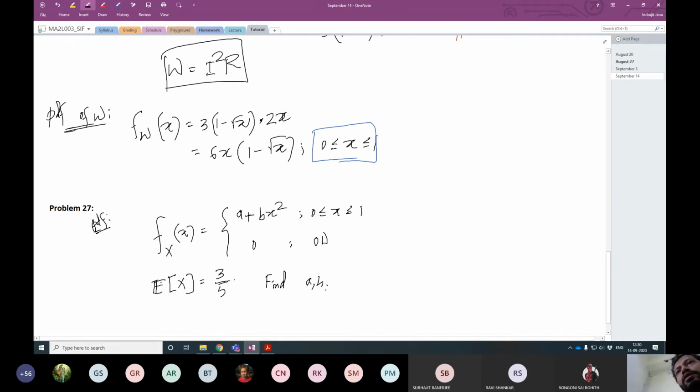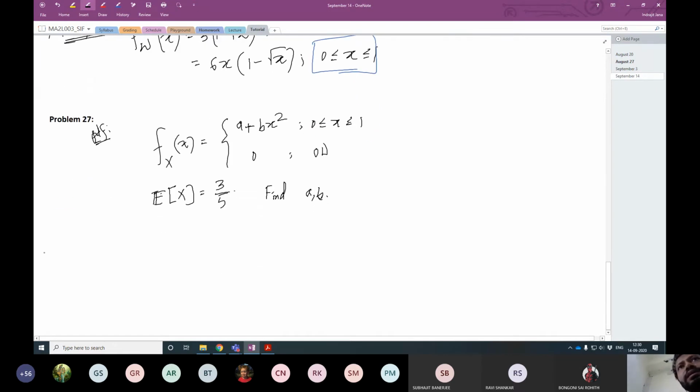How do you do that? This is a simple linear equation solution problem. So let's write down the solution. First of all, since this is a PDF, the integration must be equal to 1, and that will give you one equation in a and b.